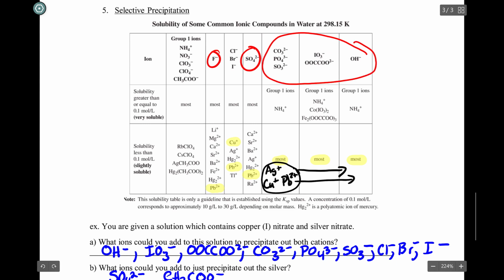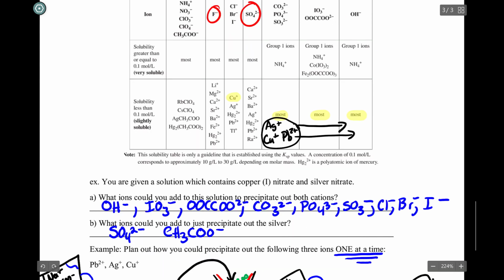They're all insoluble with copper 1. Copper 1 is here. Lead is already gone, so I don't care. So now I could add any of those 3 or any of those 6. So I've got 9 options there that I could use.